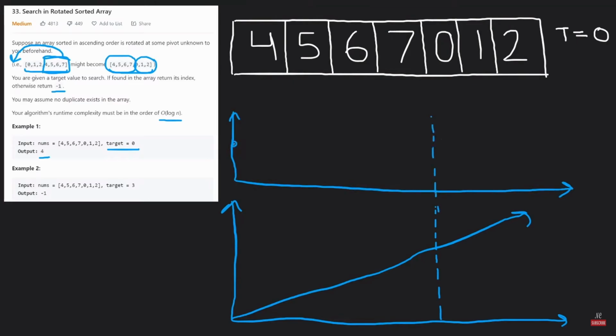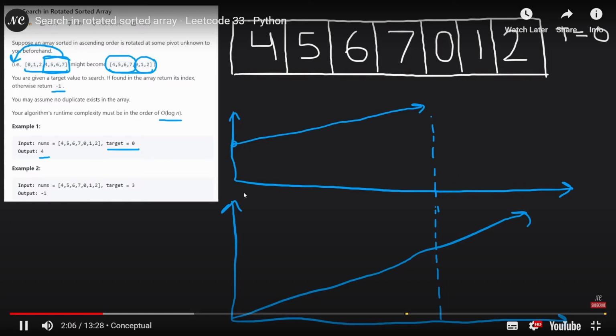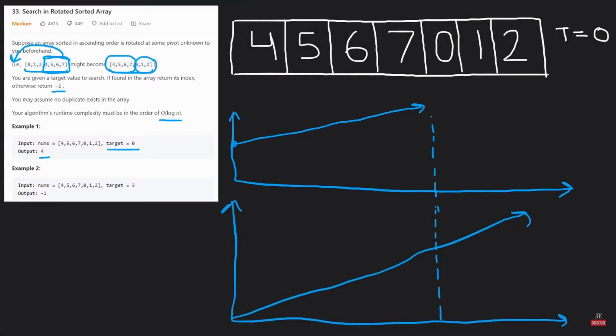Let's say the left side was exclusively greater than the right side, because that's what it means by rotating the array. I think this is a pretty good way to visualize the problem and understand what it would look like.